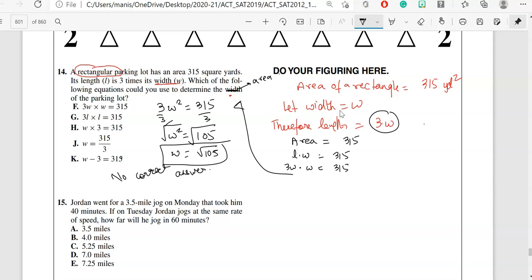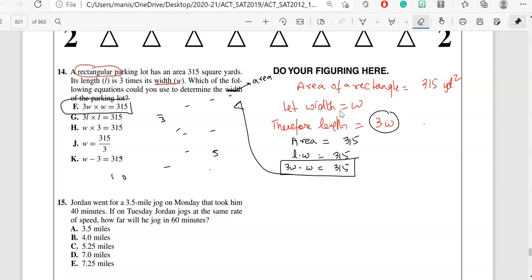Then as you can see, we are able to get that. But the question says which of the following equations could you use. As you can see from my answer, the equation in the box is the correct answer choice. Let's go to the next problem.